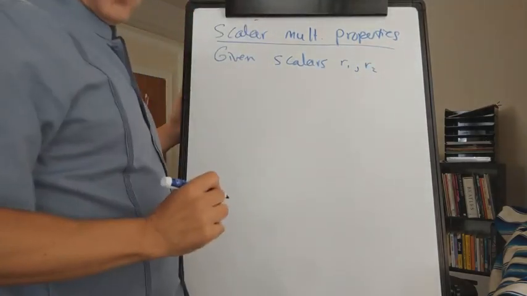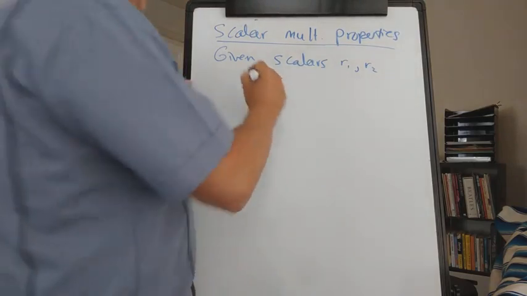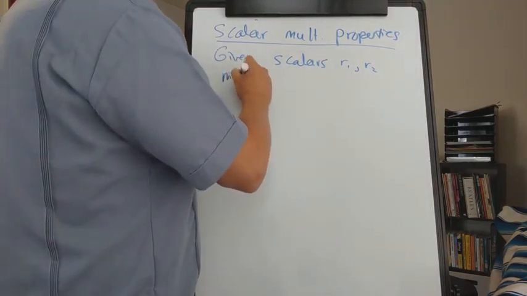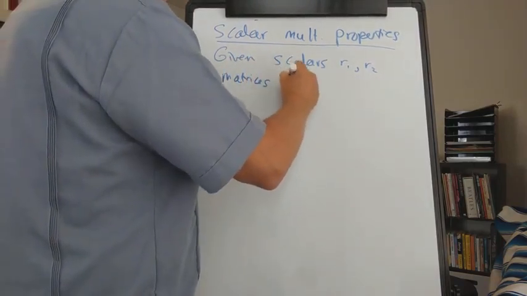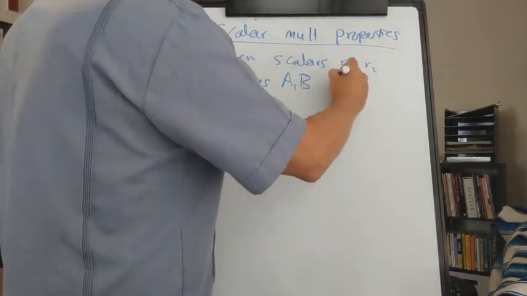So let's say R1 and R2 are scalars, and we have matrices A and B that are the same size.